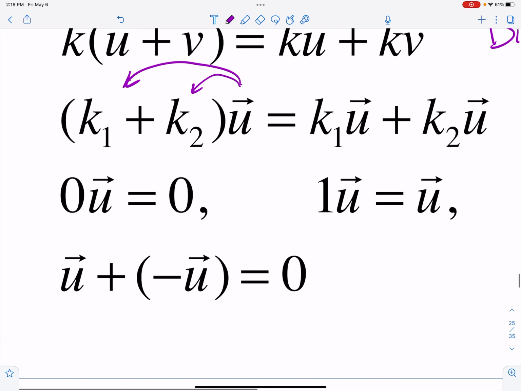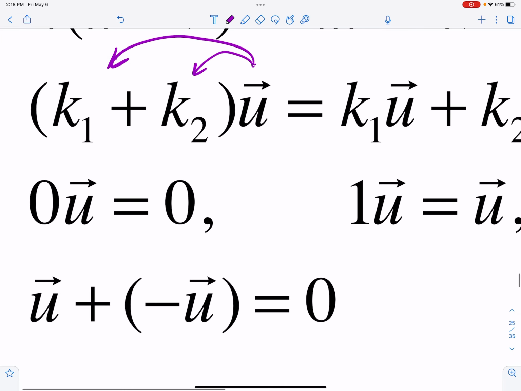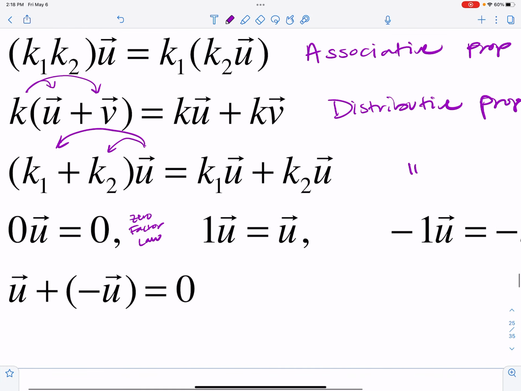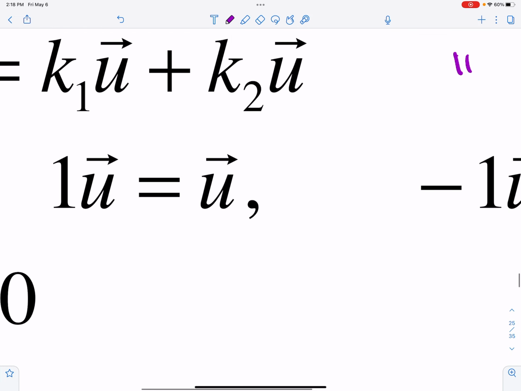Okay, 0, or you can think of that as a scalar 0. So 0 times a vector equals the 0 vector, so that's the zero factor law. One times a vector is the identity property of multiplication.